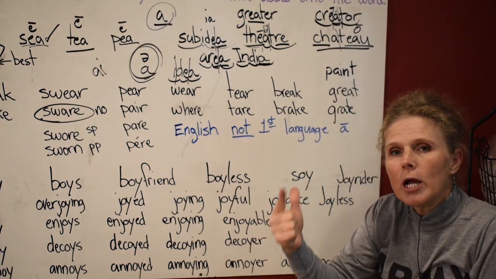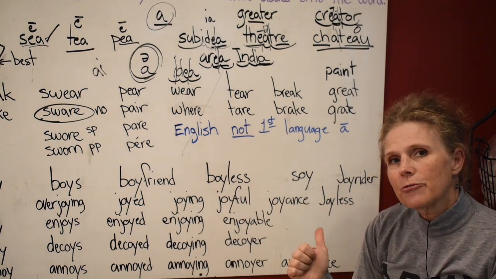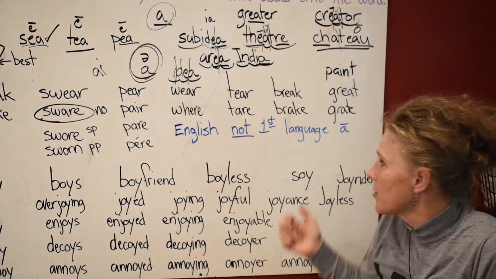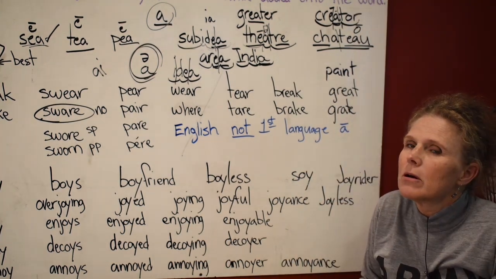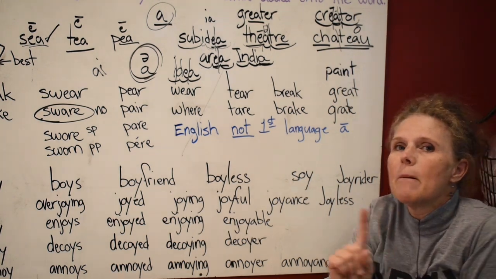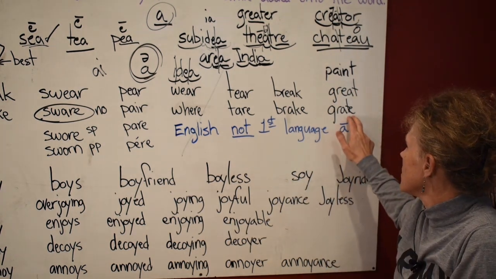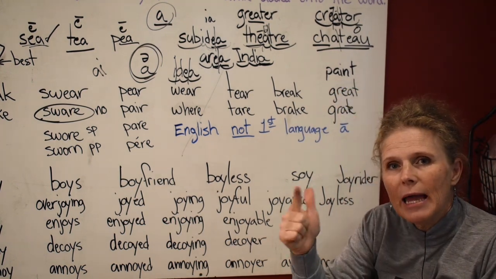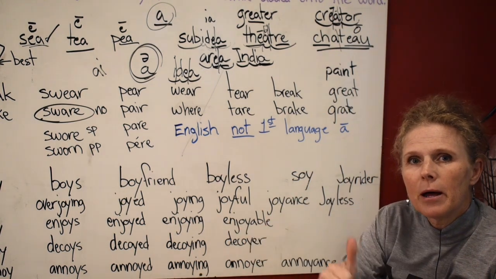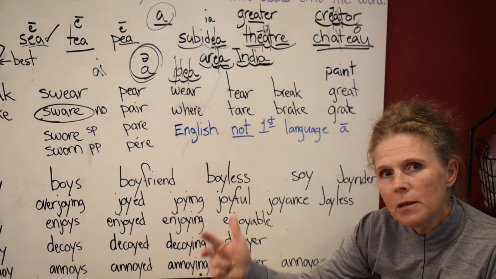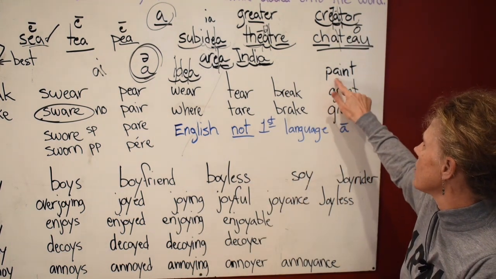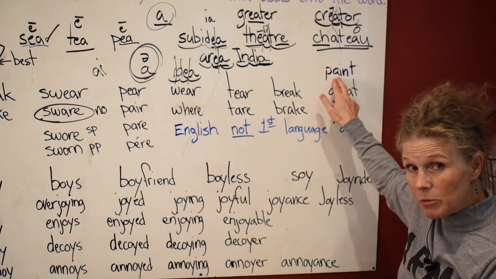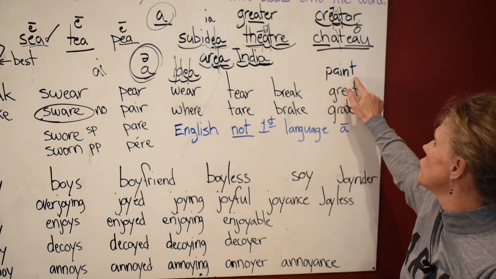So if you hear great, let's break this apart. G, a, t. You can hear three sounds. Well, is that with a vowel team, or is that with a silent E? It could be either. So make sure you're looking that up. But look right here with A. Paint. P, A, N, T. Do you see how there is no way that could be a silent E syllable because there are two consonants?